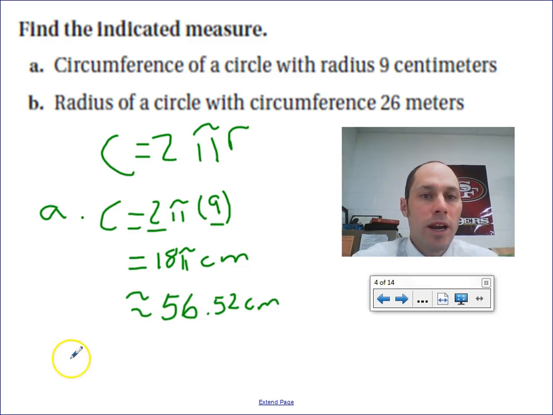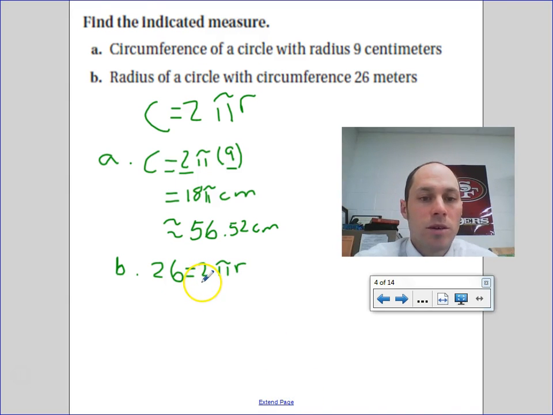Okay, and part B says we want to find the radius with circumference 26. So I put 26 in for circumference, and 2 times pi times radius. In this case, I want to solve for r, so I'm going to divide by 2 pi to get r by itself.